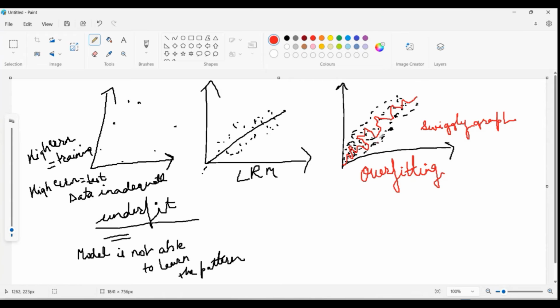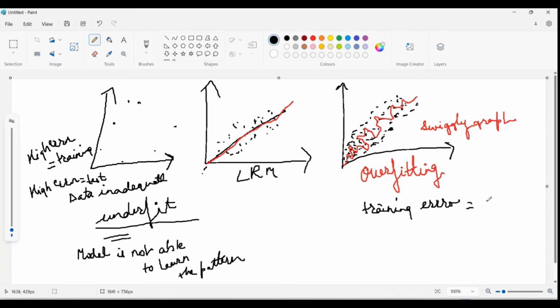Now, can you see how this curve is? This is a simple straight line we should get, linear regression. And what is this? It is trying to accommodate every other data point. Here, the training error is less. Why is the training error less?